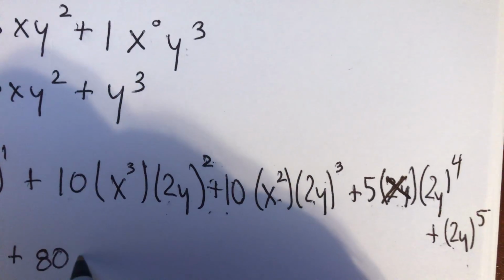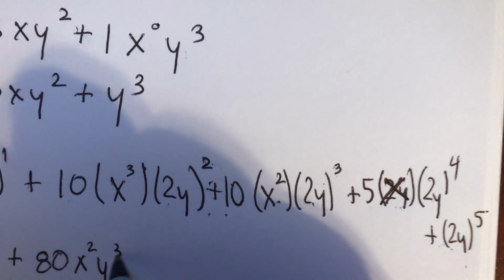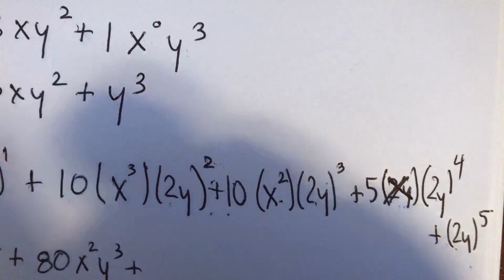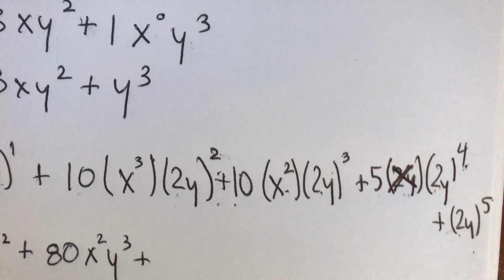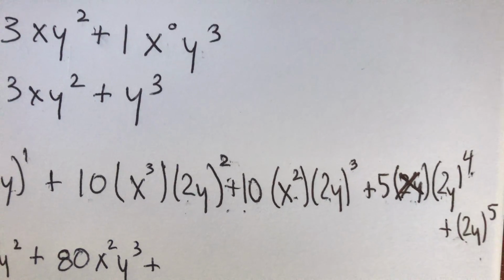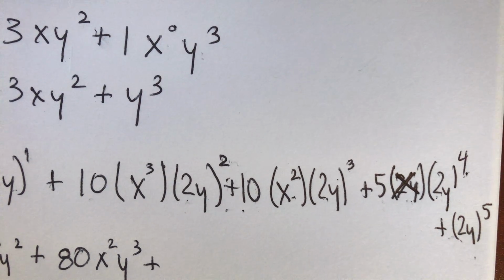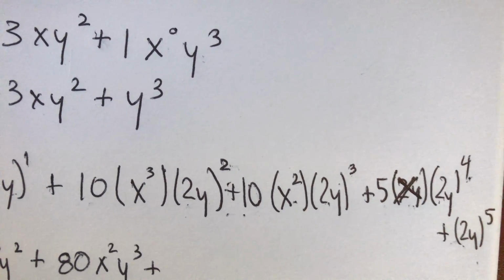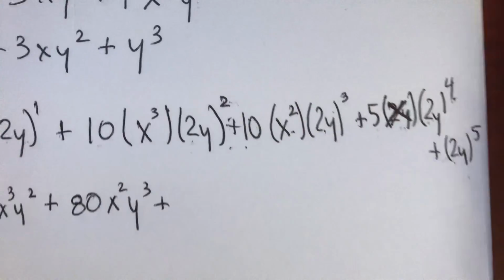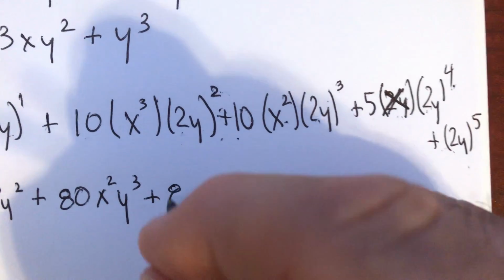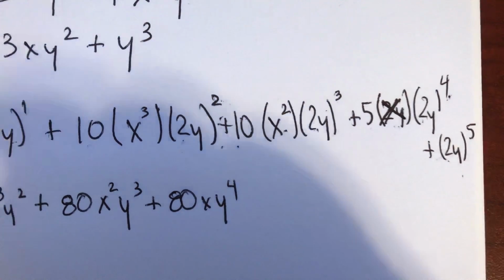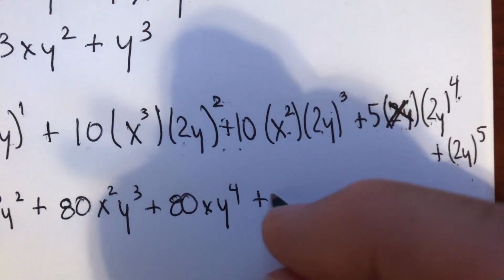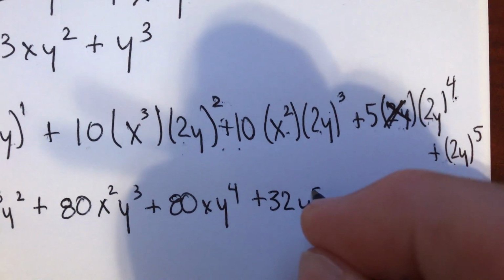We have x squared, y to the third. 2 to the fourth is 16 times 5 is 80. And this is x, y to the fourth. And then 2 to the fifth is 32, y to the fifth.